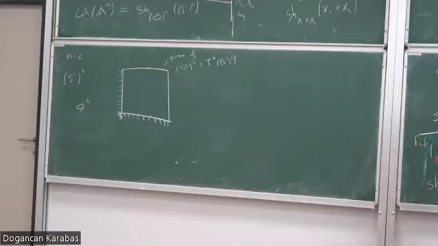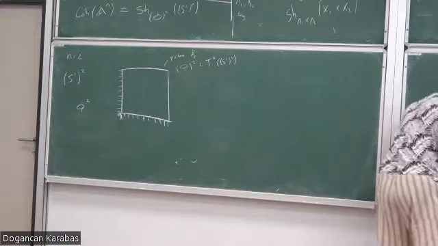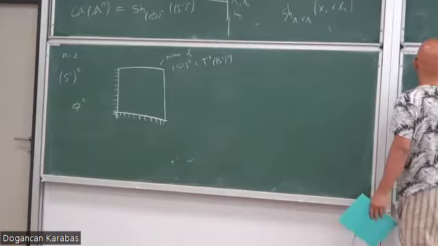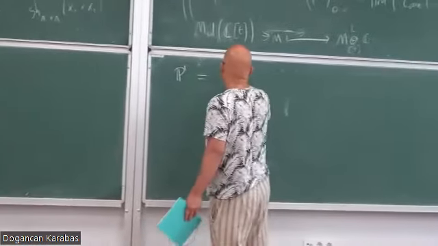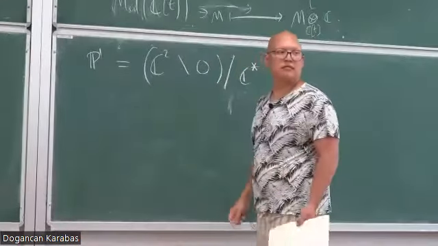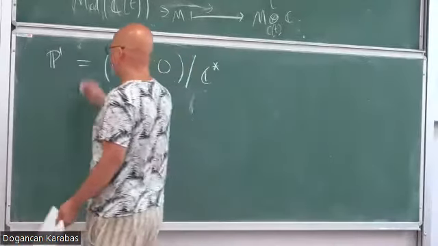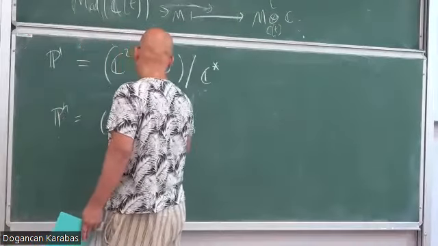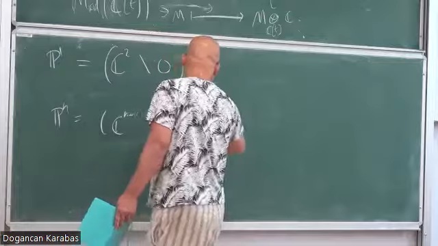So what's next? Maybe now I should say why I want to do the next thing. One way to think about P1 is it's C2 minus 0 mod C star. Okay. I have no reason to stop at 1 here. Pn is similarly Cn plus 1 minus 0 mod C star.